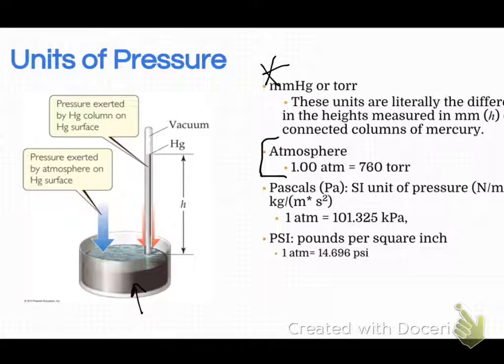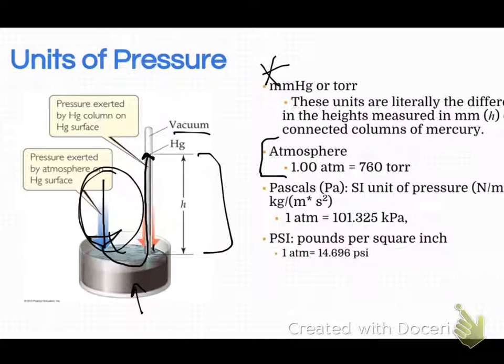And what you do is you take a glass tube that has nothing in it, so it's a vacuum, and you put it into the pool of mercury, and the air pushing down on this pool forces the liquid up into the glass tube. And the height that it goes up is proportional to how much pushing the air is doing. So you can literally measure this height and determine how much pressure the air has at that moment.